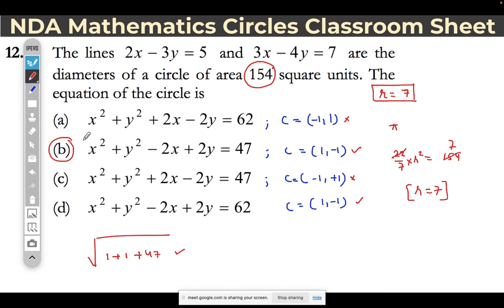Yes, that's the answer. Clear? Sir, how come r equal to 7? Because they have given the area of the circle is 154. Area is pi r square. Pi is 22 by 7.